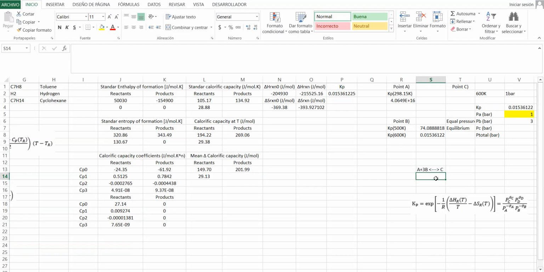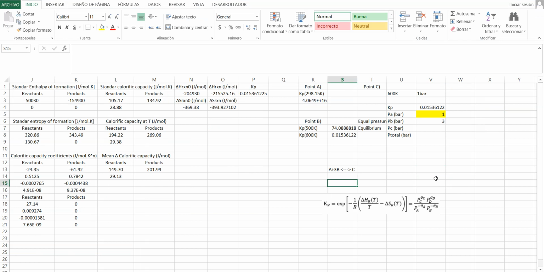It says that Kp is equal to the partial pressure of C raised to its stoichiometric coefficient, that in this case is 1, divided by the partial pressure of A raised to minus its stoichiometric coefficient. The stoichiometric coefficient of A is minus 1, so minus times minus is positive. And this would also be divided by the partial pressure of B raised to minus its stoichiometric coefficient.